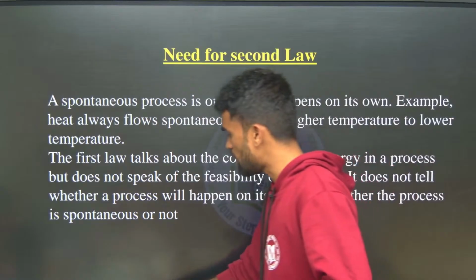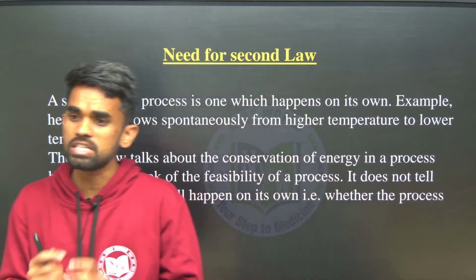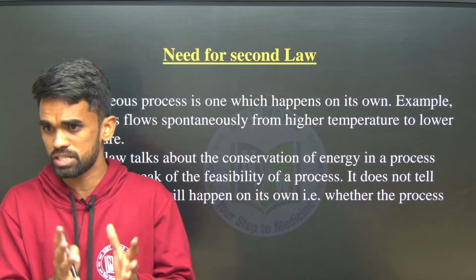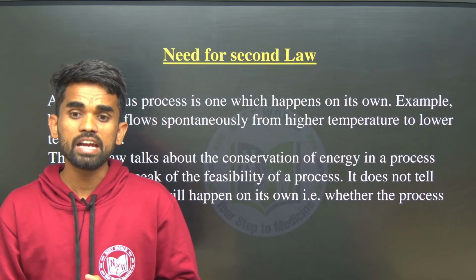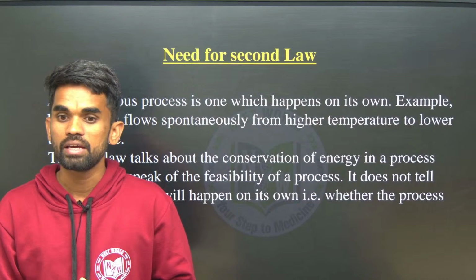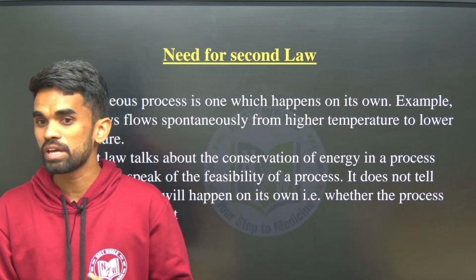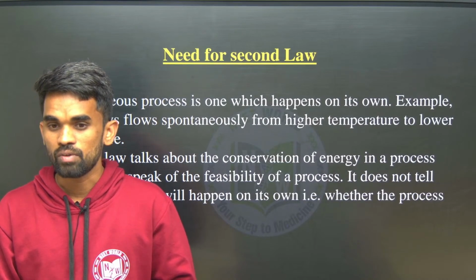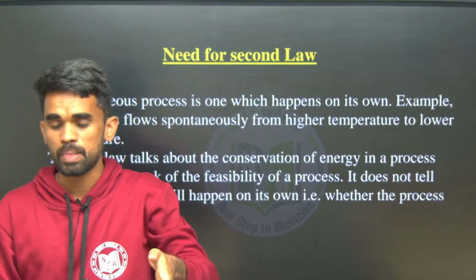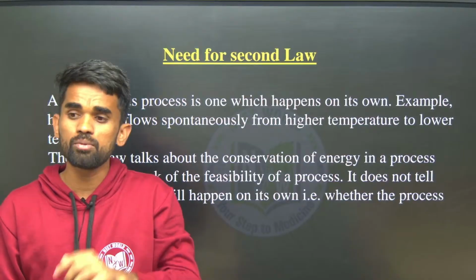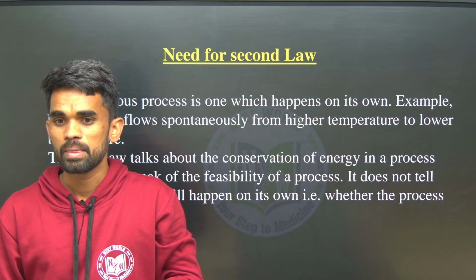So how can we understand this? Take any naturally occurring process in nature. What happens during that process? The randomness of that particular process increases. For example, flowing of water from a high hilly region to the ground. It falls. So what about the randomness of water here? Increasing.